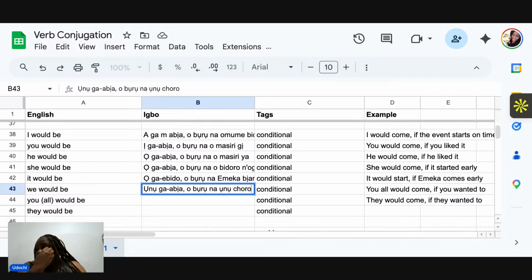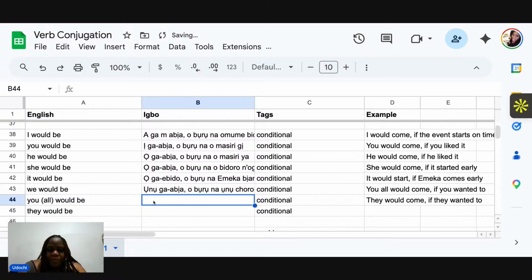Unu ga-abịa ọ bụrụ na unu chọrọ. I want to say chọrọ ịbịa because it's incomplete if you just end it there. Ọ bụrụ na unu chọrọ ịbịa. If you want to come, unu ga-abịa ọ bụrụ na unu chọrọ ịbịa.